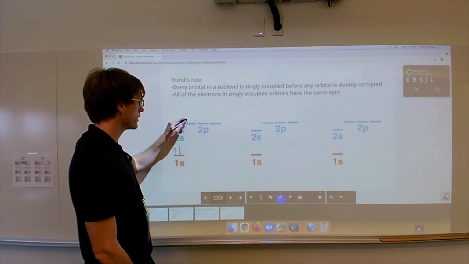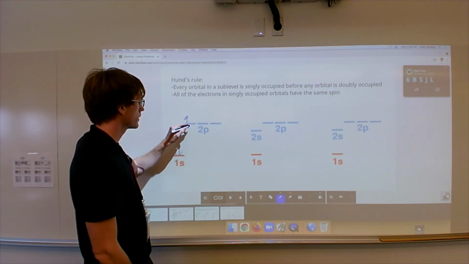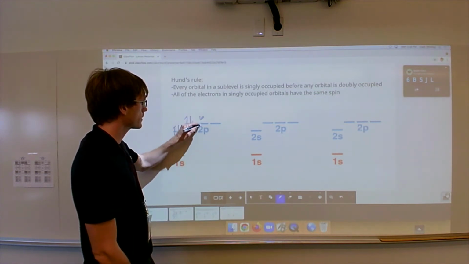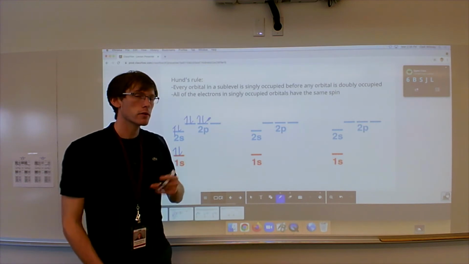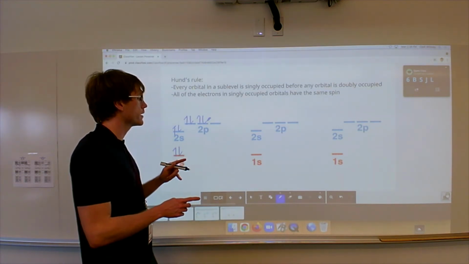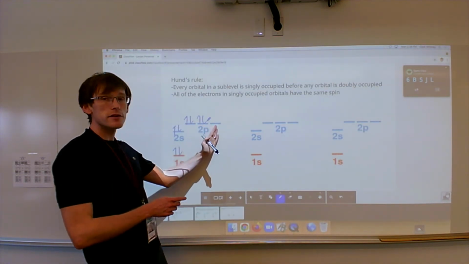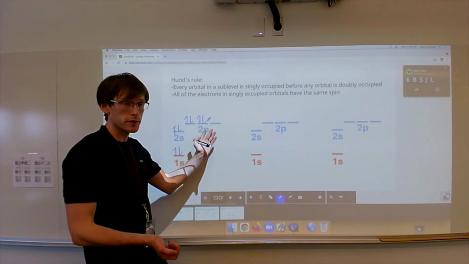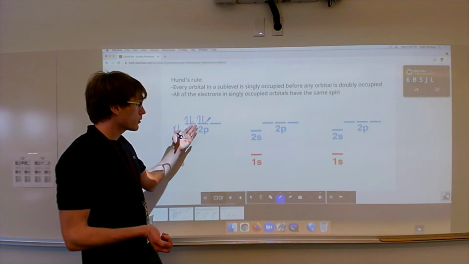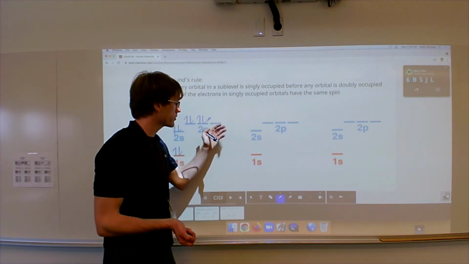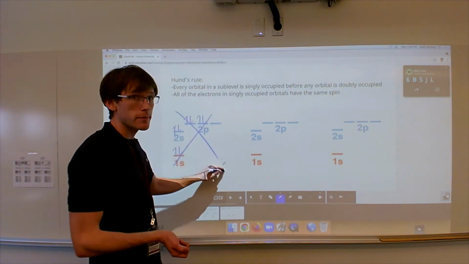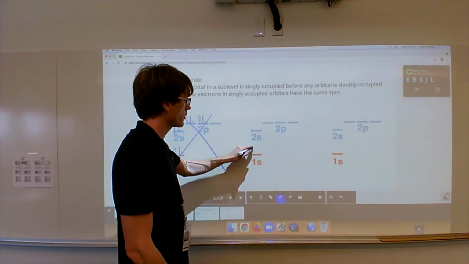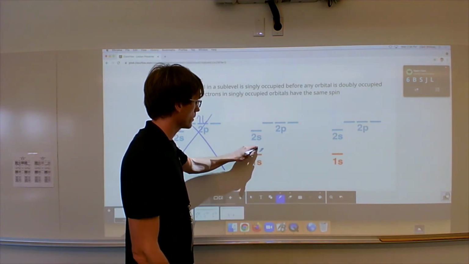Do we do it like this? Well, no, we don't, because this is just an empty orbital, and it's at the same energy as the other 2p's. So, couldn't we just slide an electron over? Absolutely, we could.